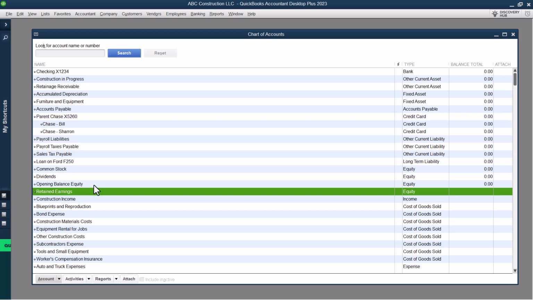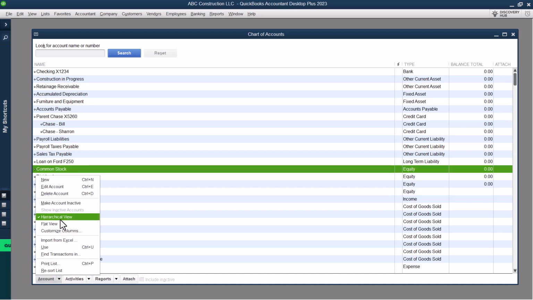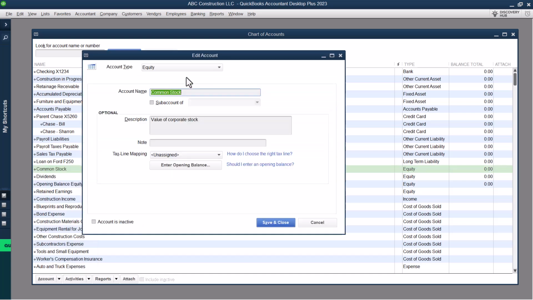Okay, now let's talk about sole proprietorships. So for sole proprietorships, common stock is not an account. So I'm gonna change this and I'm gonna do owner's equity. You could also call it like owner's contribution.